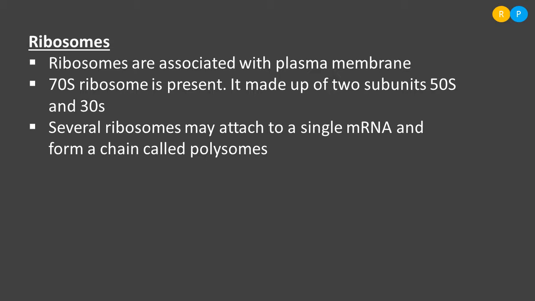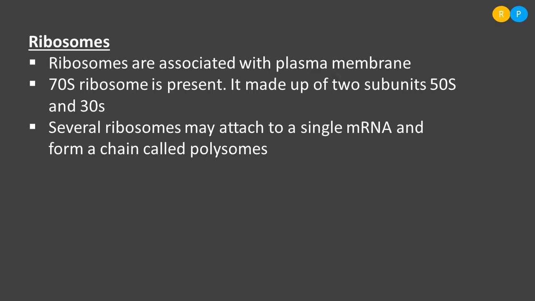So during the time of protein synthesis, several ribosomes attach to a single mRNA strand and form a continuous chain in the bacterial cell. That continuous chain formed by the association of ribosomes and mRNA is called polysomes.